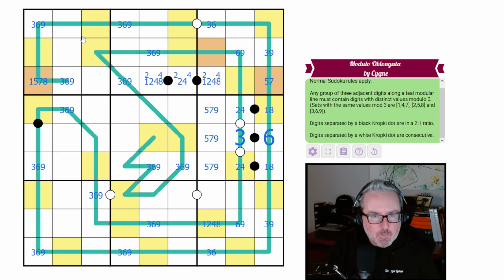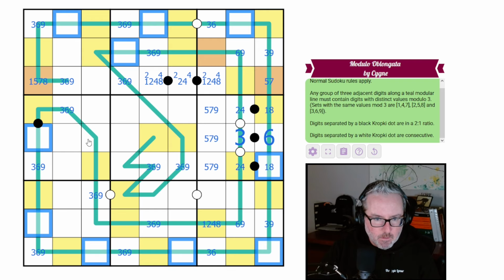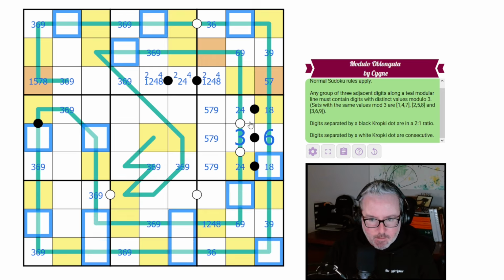Okay, maybe we do need to color these guys in and then see what the leftovers are. So we're talking about you. Yeah, okay, let's do that. These are going to be all the remaining orange digits. Let's put all that in and see if we can find something.